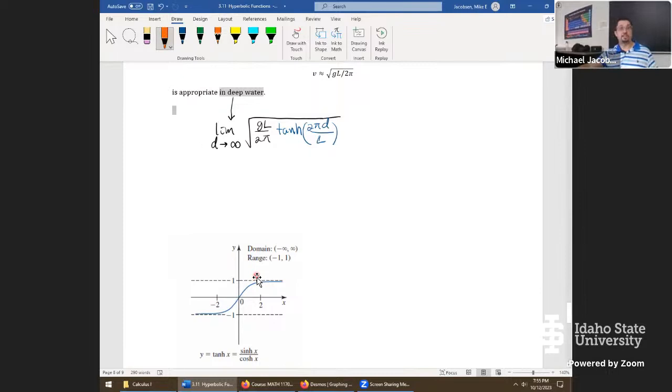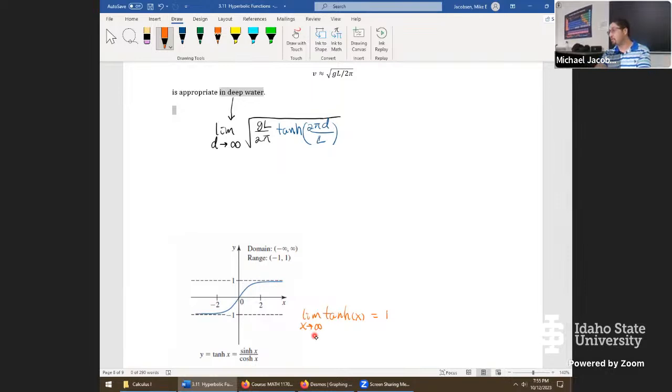we can really come up with two limits. We could say the limit as x goes to infinity of tangent h of x. If we're going off to infinity, then we're following the curve in this direction. It's going over towards a horizontal asymptote, and a horizontal asymptote is the definition of the limit at infinity. You're settling down on a value.